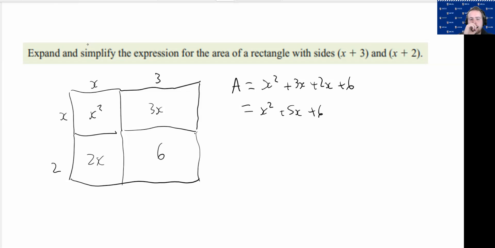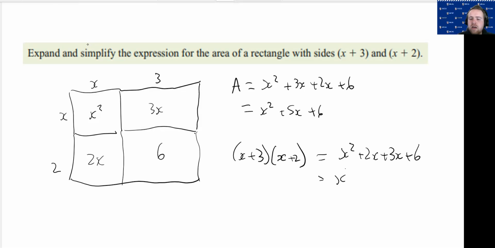Okay, now if we were to just use our FOIL method, if we were just to expand x plus 3 times x plus 2, first times first, x squared, and then x times 2, and then 3 times x, and then 3 times 2, and we end up with the same answer because it's essentially doing the same thing mathematically.